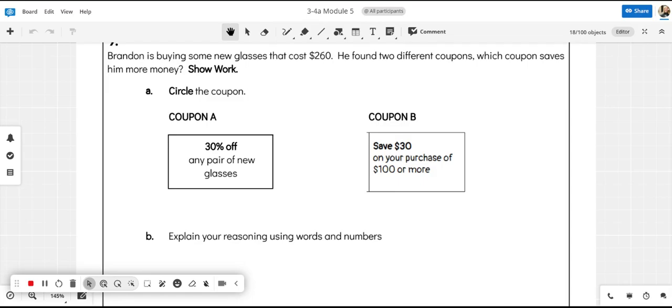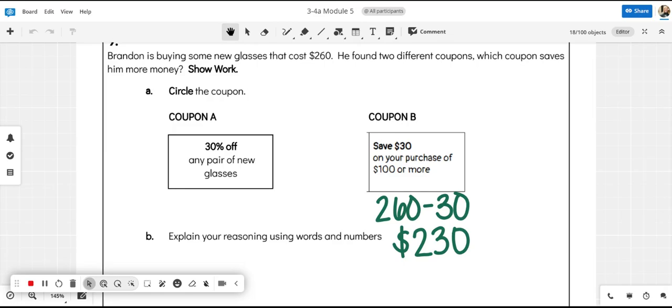So we need to figure out the sale price for both of them. I'm going to do coupon B first because I think it's a little easier. So it's $260 and I get $30 off, so I'm just subtracting 30. What's the price with that coupon? $230. Okay.